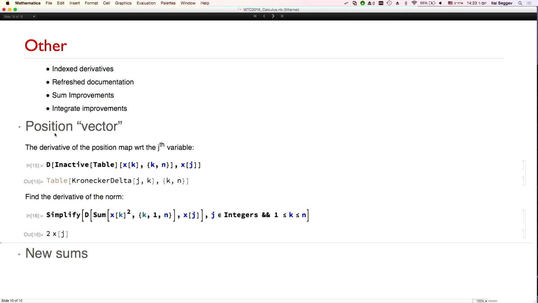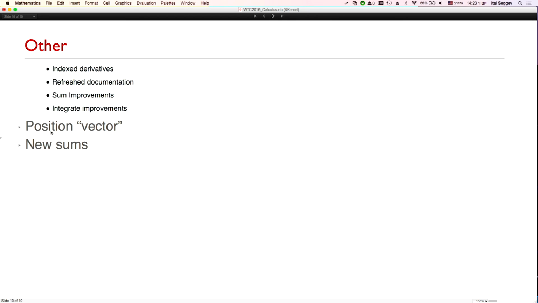This sort of index differentiation is obviously near and dear to my heart as a geometer, but is useful in very, very many areas. So that is very likely to make it into 11.1 as well. It's a little bit further out than the nth derivative stuff. And so that is what I had to say.